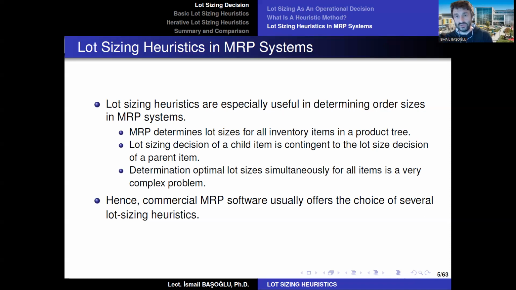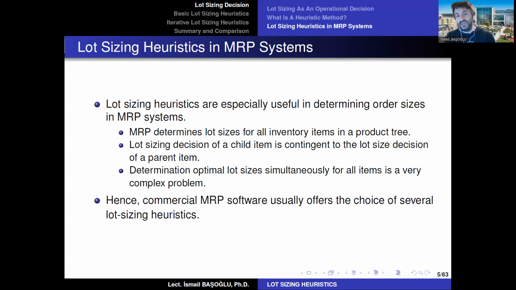Imagine if you have an automobile to manufacture: in the bill of materials, you have thousands of children items in that product structure, and trying to determine the optimal lot sizes for each of these materials is going to create a complex problem for us.